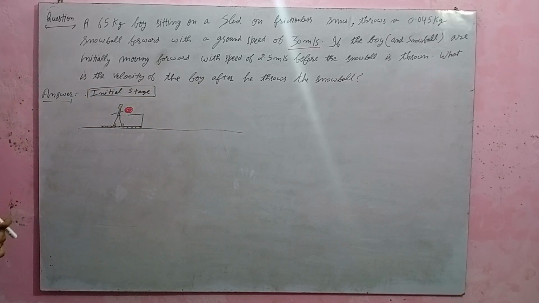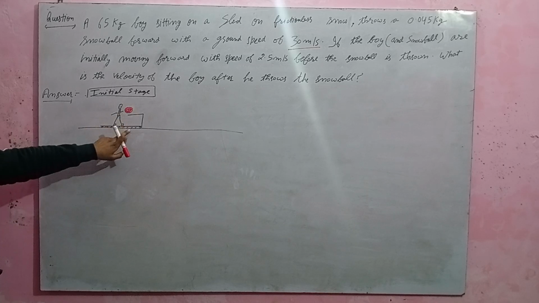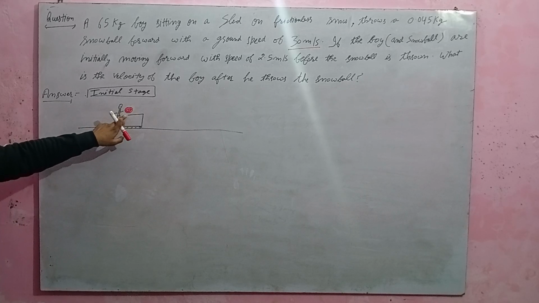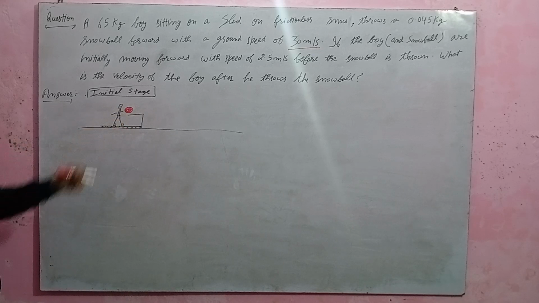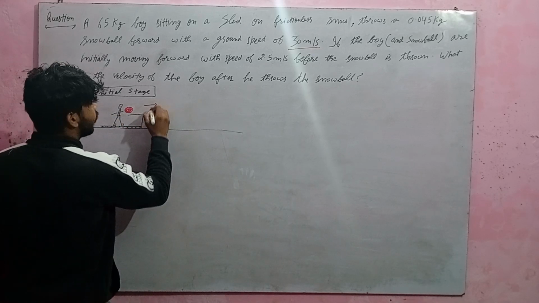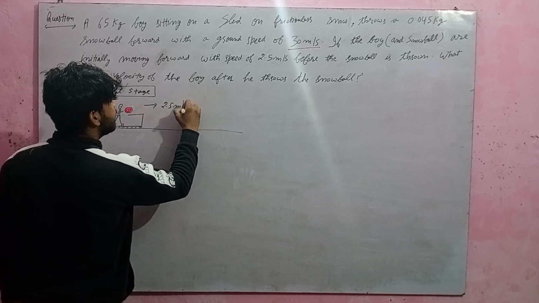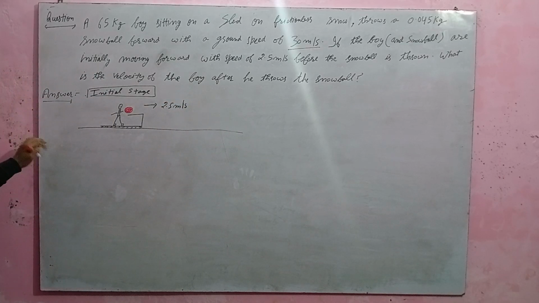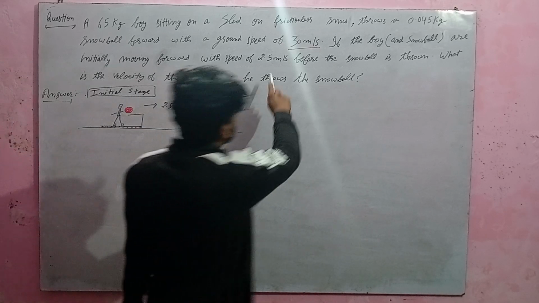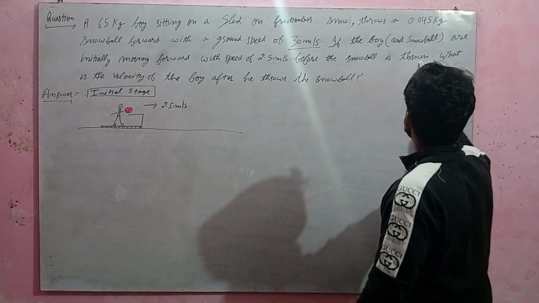At the initial stage, both the sled, the snowball and the boy are moving with initial velocity 2.5 meter per second, before the snowball is thrown.